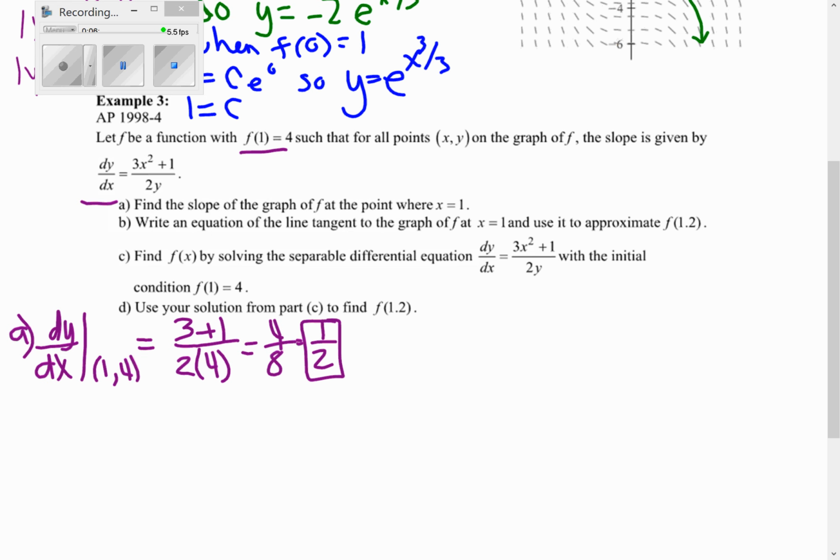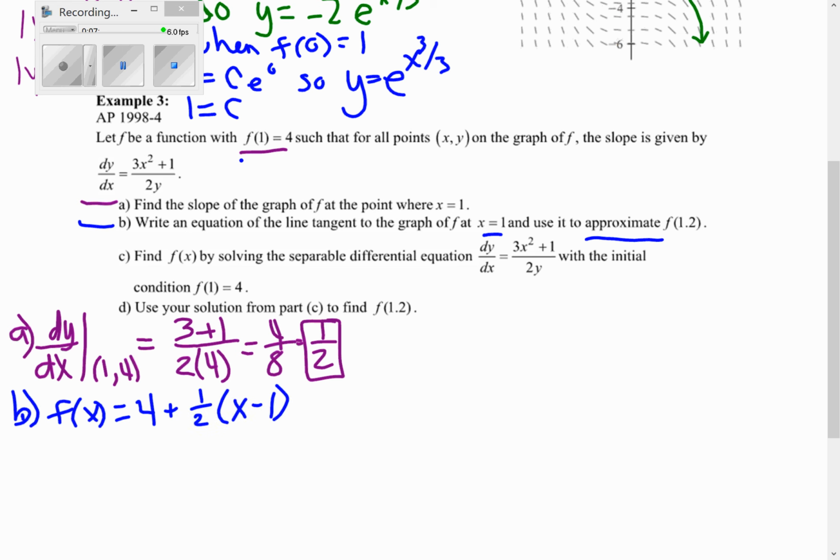You're already getting points for doing that. Now write an equation of the line tangent. We have x equals 1, and we have our slope. So f of x equals 4 plus 1/2 times x minus 1.